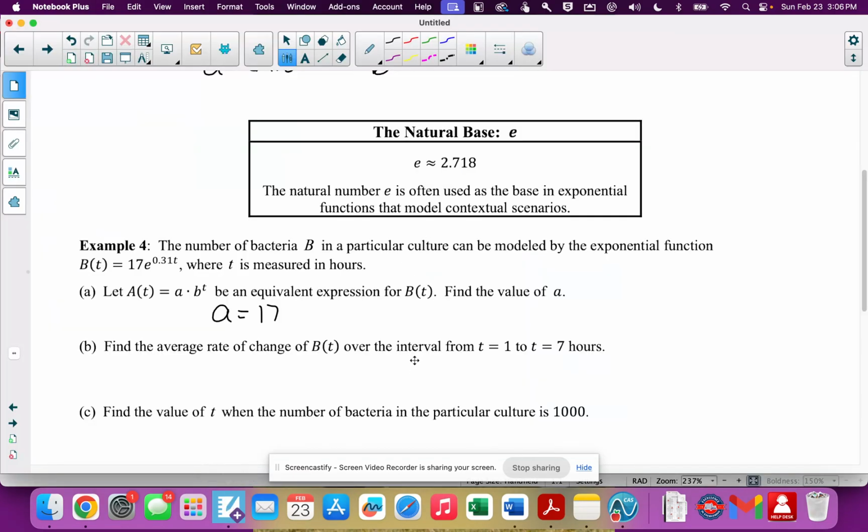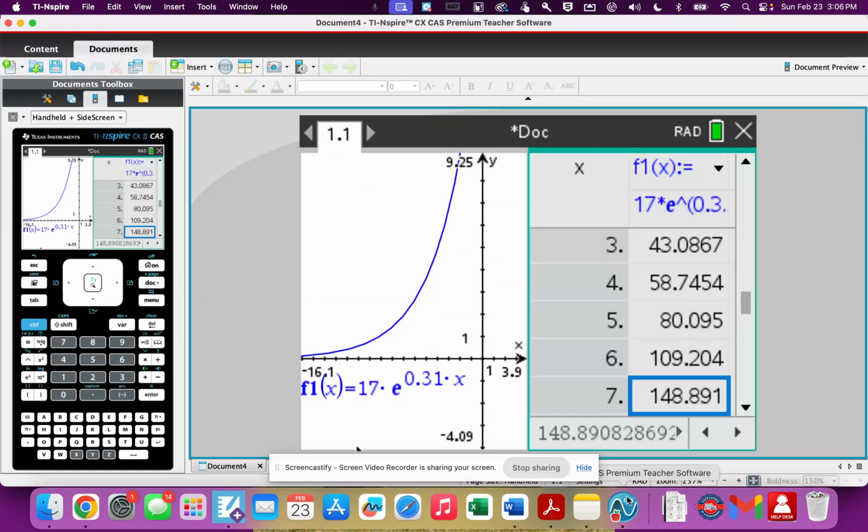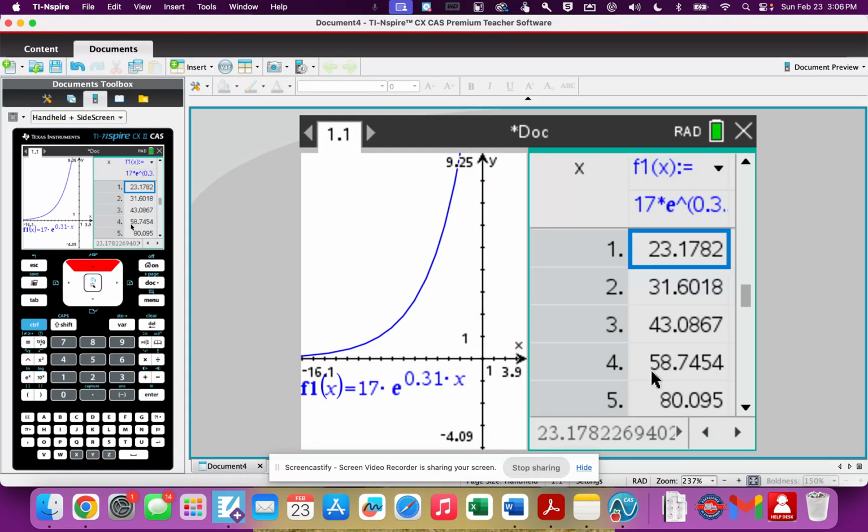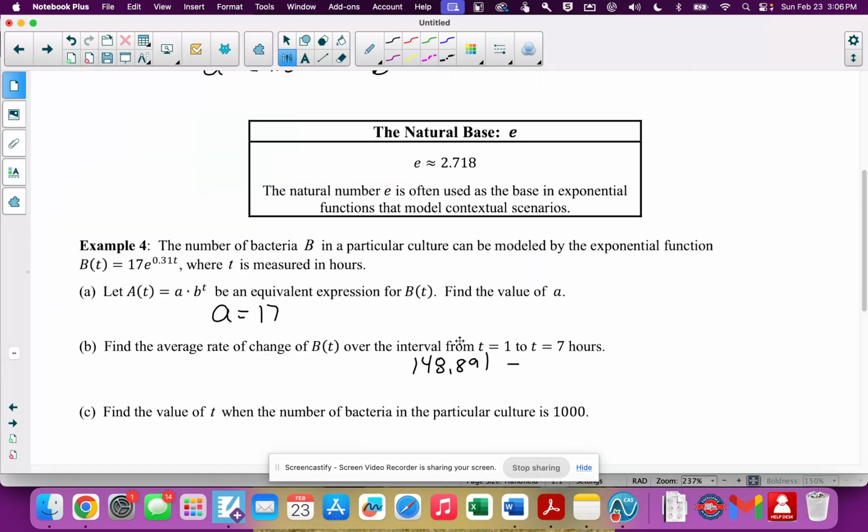So 148.891 minus the value at 1, 23.178, and then obviously over 7 minus 1, which is just 6.